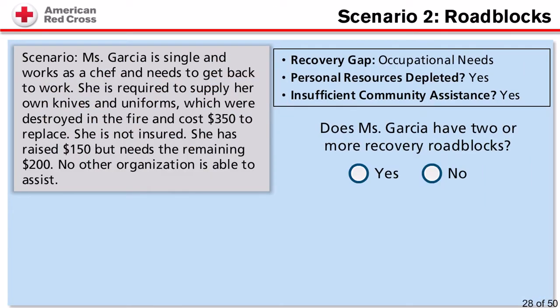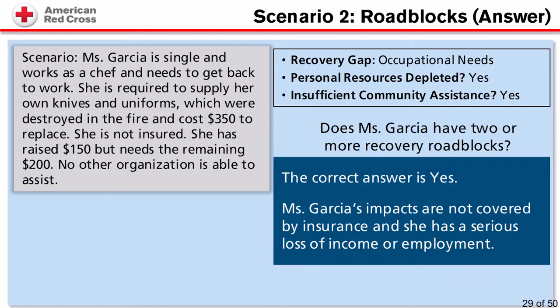Does Ms. Garcia have 2 or more recovery roadblocks? Yes or no? The correct answer is yes. Ms. Garcia's impacts are not covered by insurance, and she has a serious loss of income or employment.